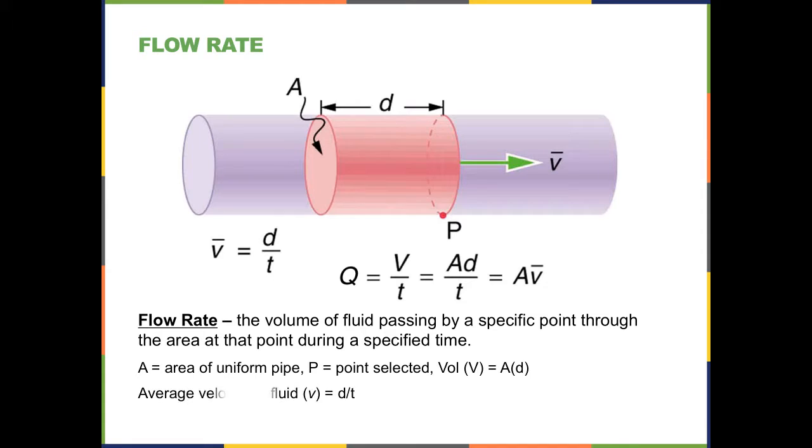And that is what we have right down here. This is an important equation that you need to keep in your lexicon of equations. That is, flow rate is equal to volume over time past a particular point, which is equal to the area times that distance divided by time, which is equal to area times velocity. And we'll be using this equation to solve some problems here in just a second.